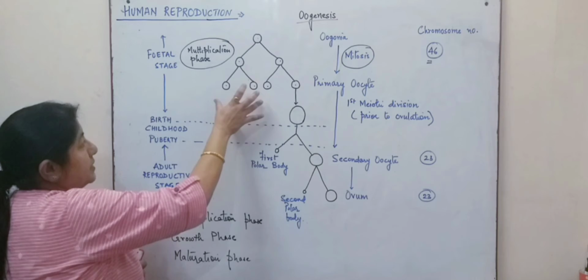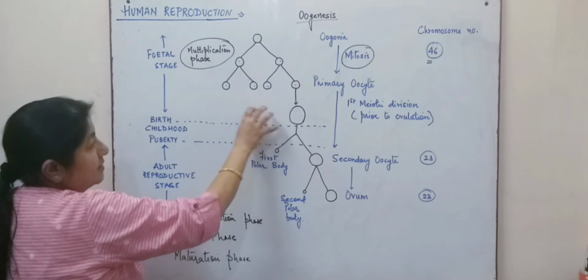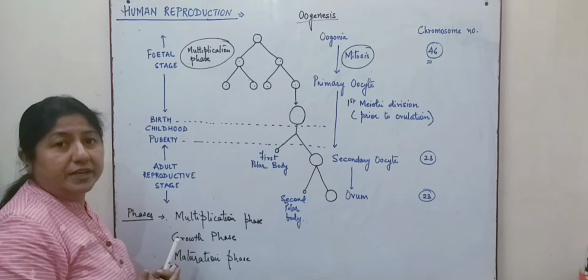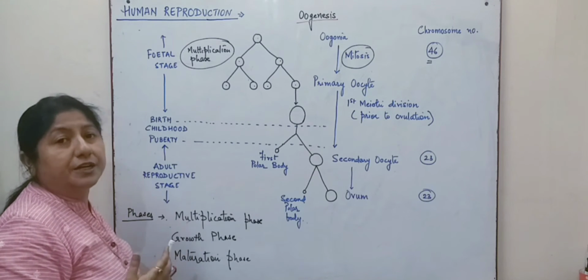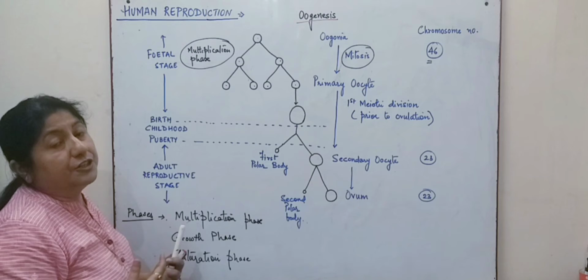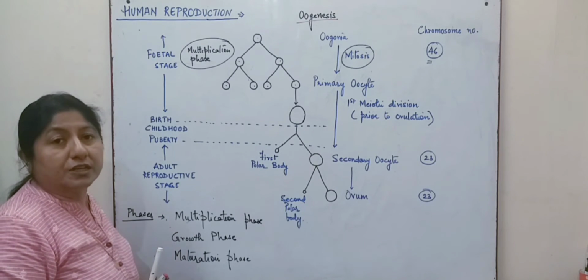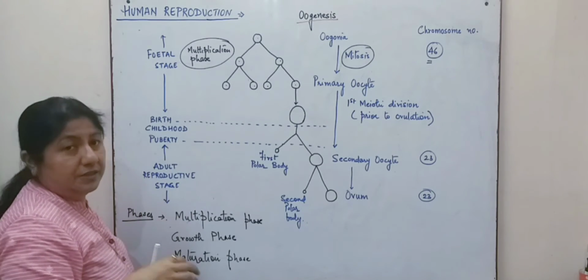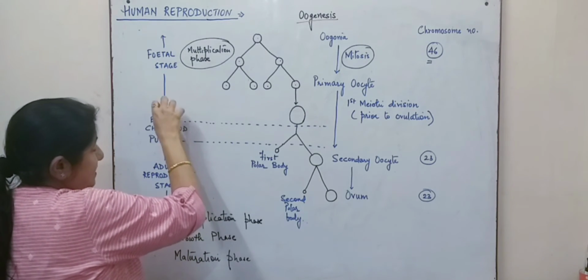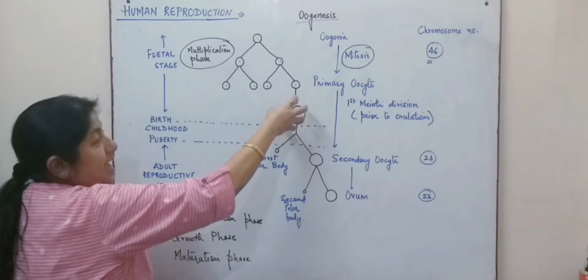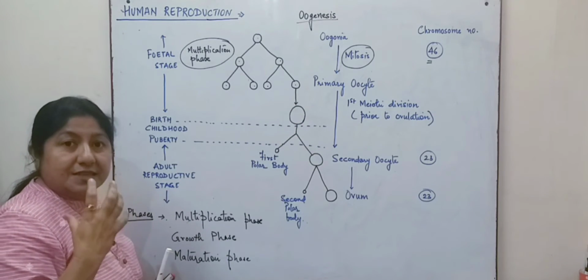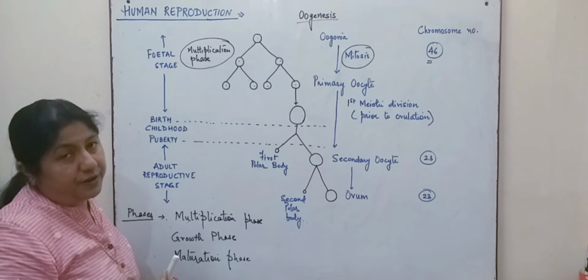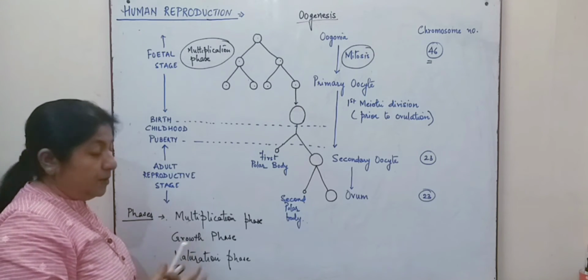Now these primary follicles grow till the birth level, and meanwhile many of them undergo follicular atresia, due to which many of the primary follicles degenerate. Whatever the number of follicles the fetus is born with, it is a fixed number. There is no change in the number of primary follicles after the birth.